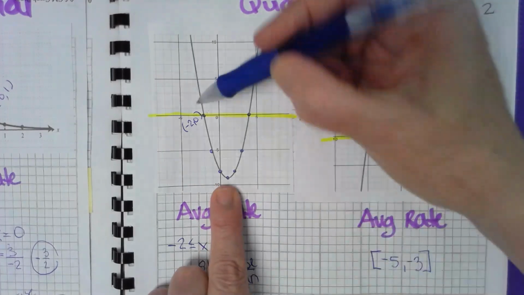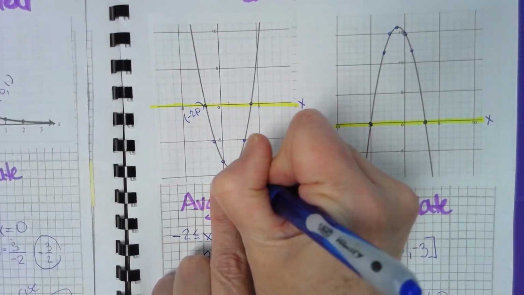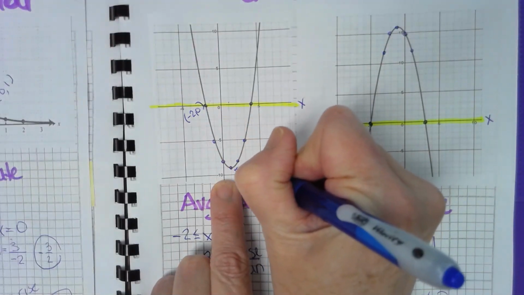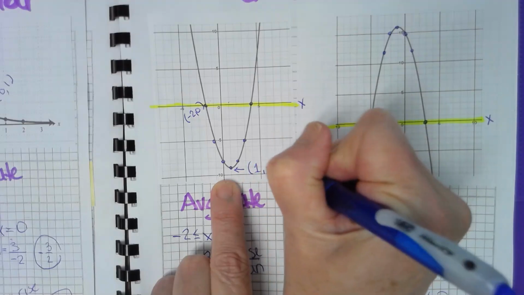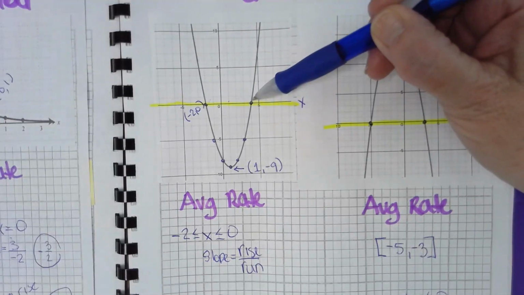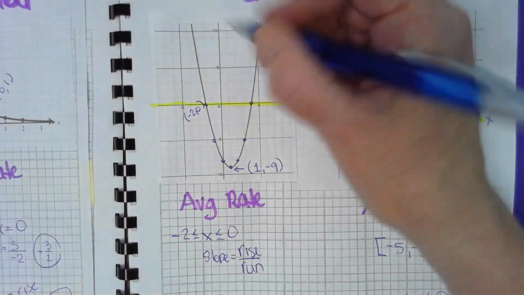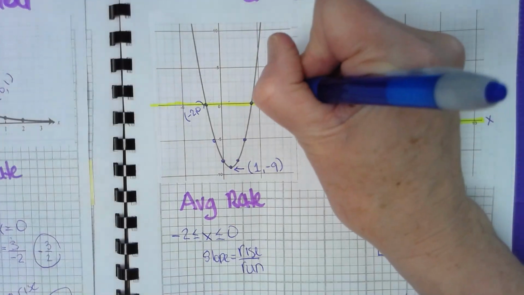It's 1, -9. Okay, and what is this ordered pair? Almost. You switched it. It's 4, 0. The x part comes first.